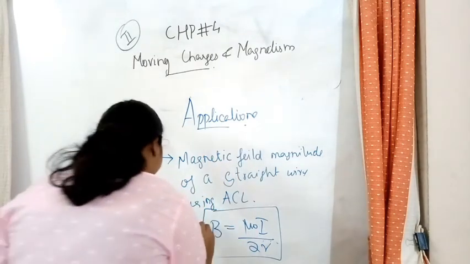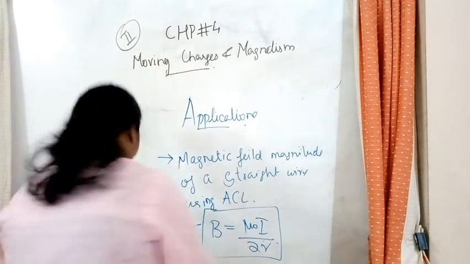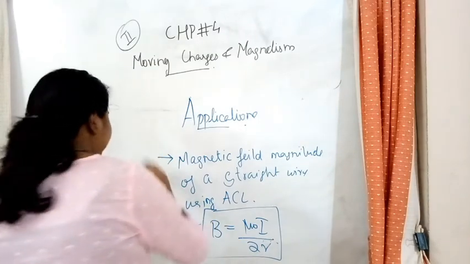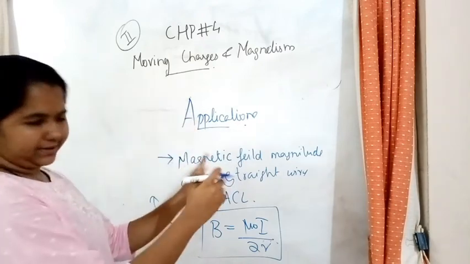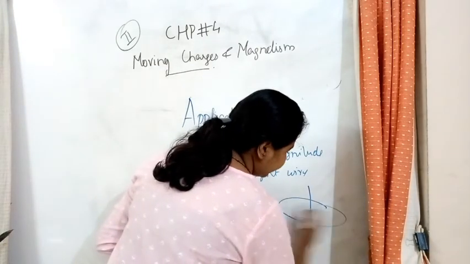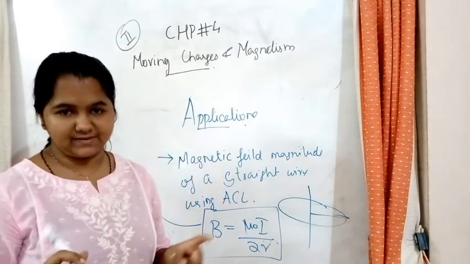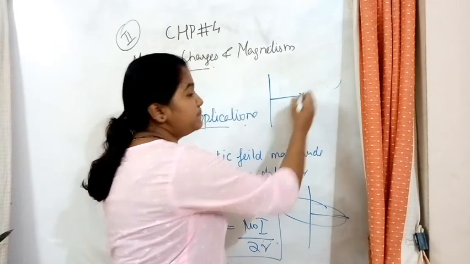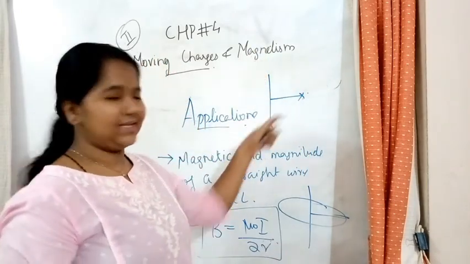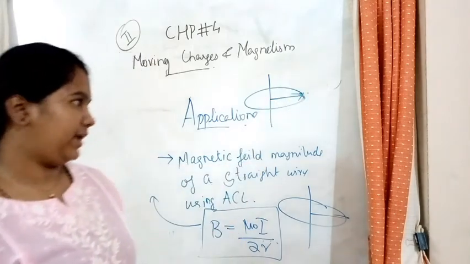So in the case of Biot-Savart's law, what was this? This equation came where it is at a distance r. The image for this application would be like this. In the previous case for Biot-Savart's law, it was at a point P from a straight current carrying conductor. That was also an application of Biot-Savart's law.